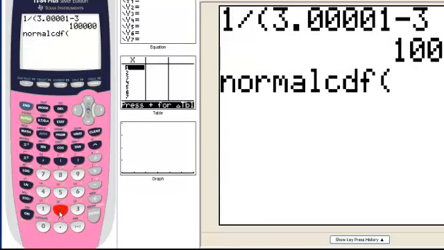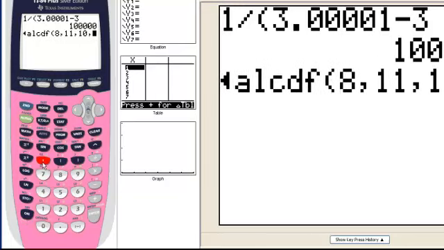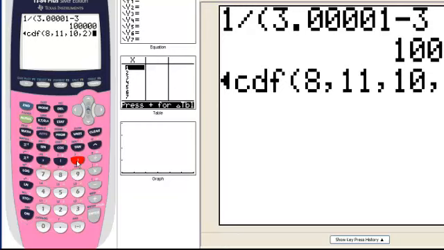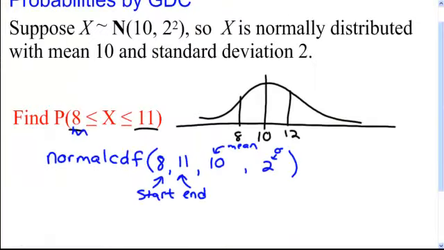Let's make sure I don't miss anything this time. 8, comma, 11, comma, 10, comma, 2, close your parenthesis, hit enter, and now I get it. So it's 53.28, etc. So that is my probability.